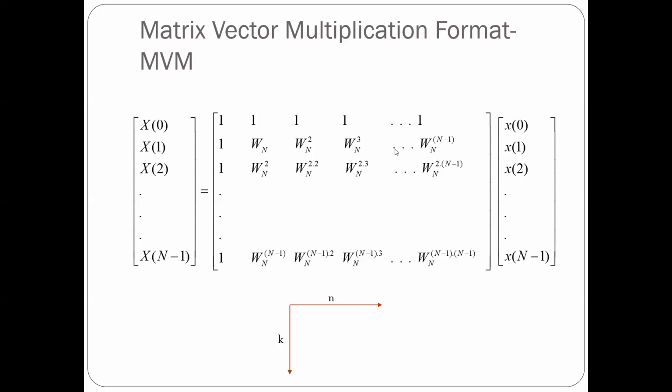Let me look at this matrix vector multiplication once again. How many multiplications do you require to find one sample of X of k? Meenakshi, can you tell me the number of multiplications required?